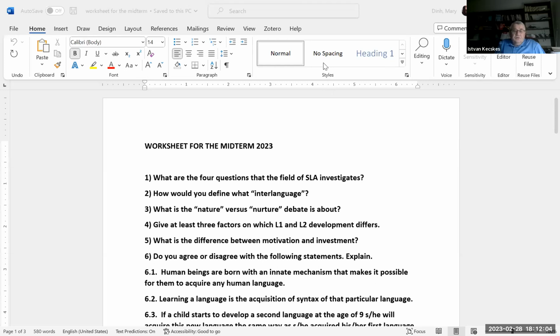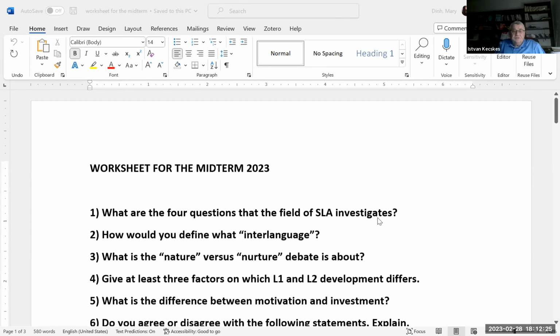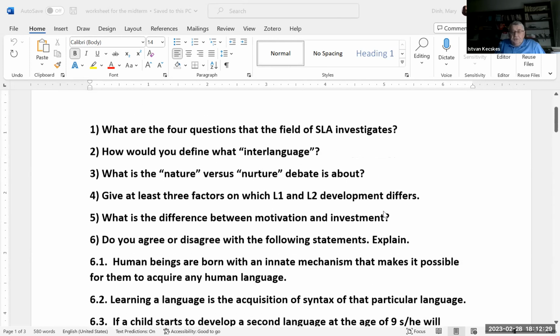Okay. There are actually four different types of exercises on this worksheet, and we're going to do as many as we can. I think we have like 12 or 13, quite a number of them. So there are some direct questions.